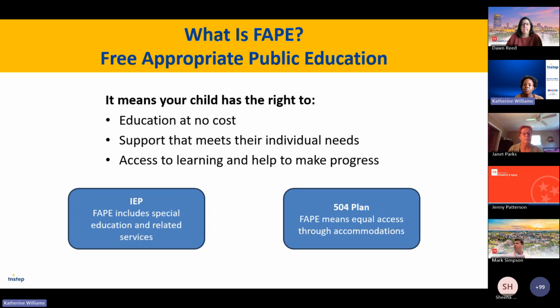For a student with a 504 plan, FAPE means equal access to learning through accommodations that support their participation in the general education setting. So they are a little bit different, but of course, you are still looking at having that child have access to that free and appropriate public education.